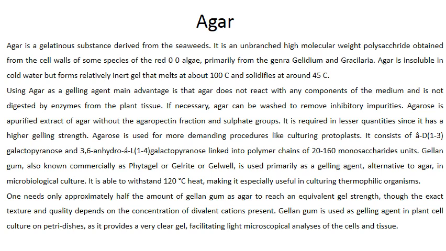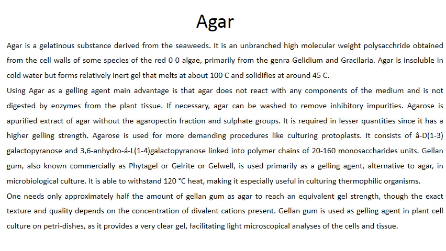Gellan gum, also known commercially as Phytagel, Gelrite or Gelzan, is used primarily as a gelling agent alternative to agar in microbiological culture. It is able to withstand 120 degrees Celsius heat, making it especially useful in culturing thermophilic organisms.